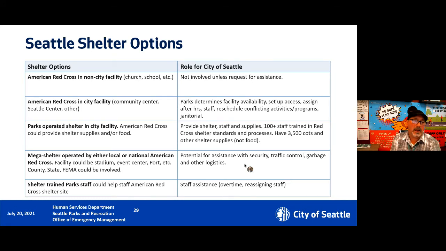And then our last option could be a shelter with trained park staff that could help staff the American Red Cross shelter sites. And then the city would provide a staffing assistant, and that would include like overtime or reassigning staff from other departments to help out.